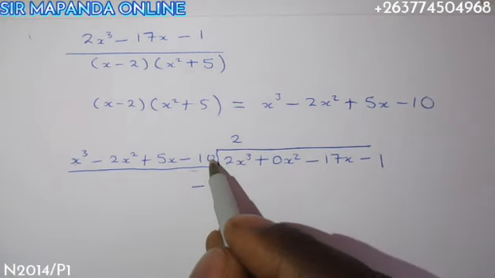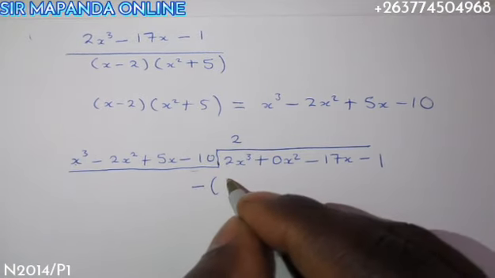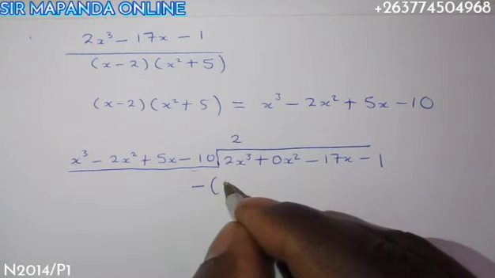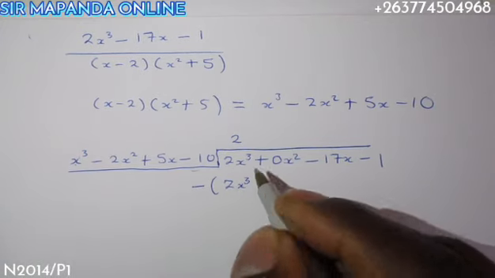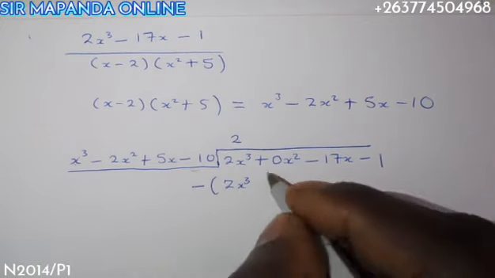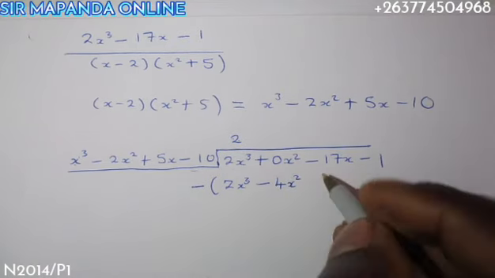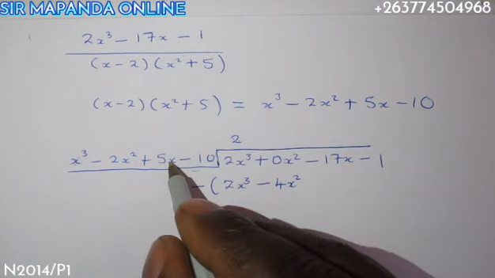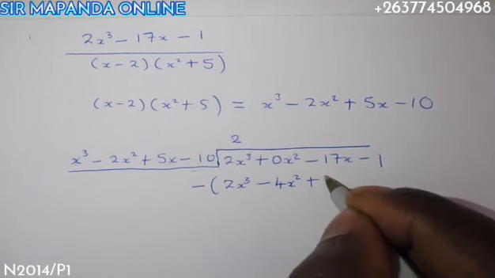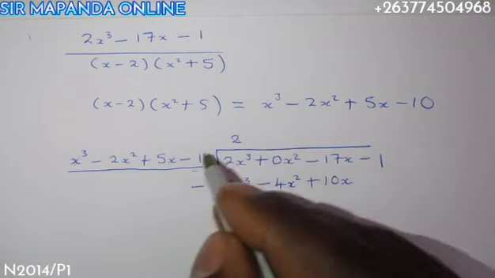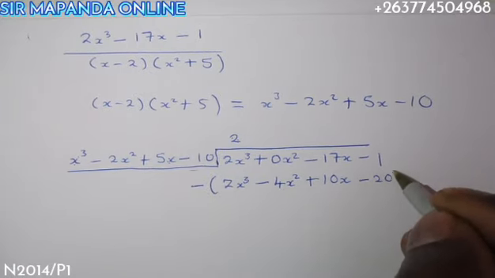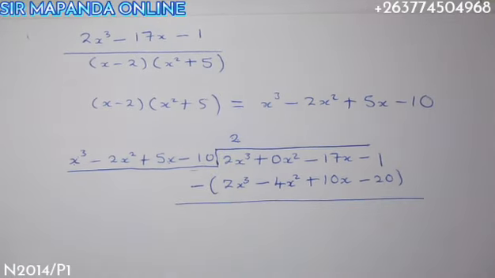Then multiply all these 4 terms by these 2. So 2 times x cubed to get 2x cubed. 2 times minus 2x squared to get minus 4x squared. 2 times 5x you get plus 10x. 2 times minus 10, it gives you minus 20.